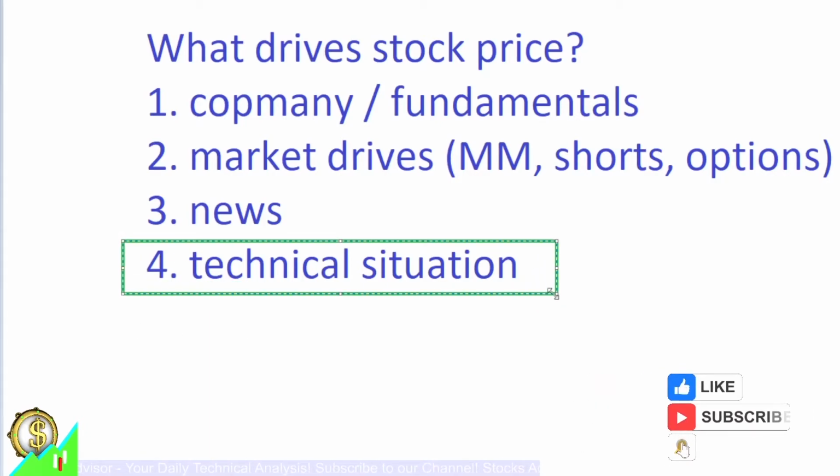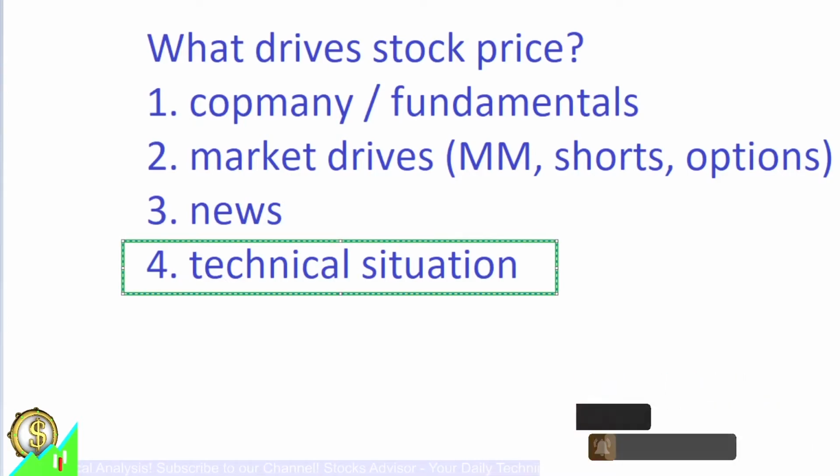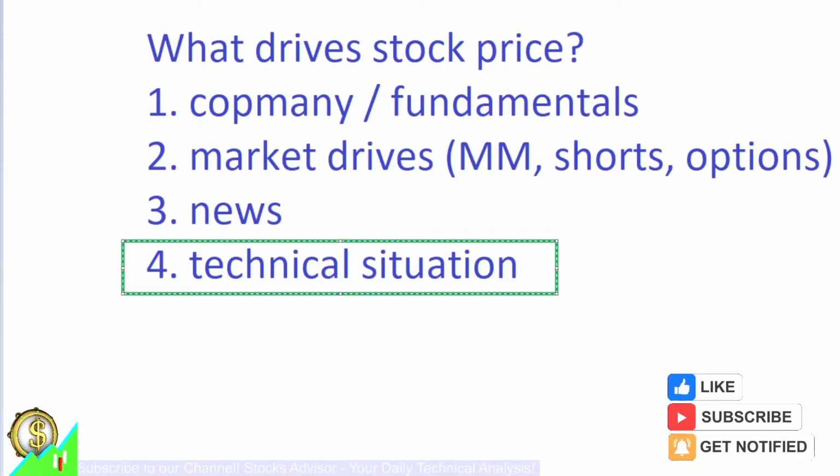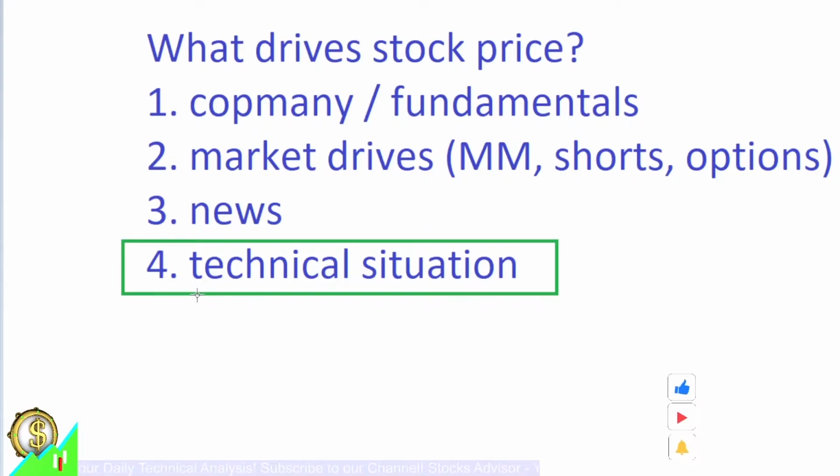How do you know the current price is caused by the technical situation or by the chart? Because there are four major drivers that could dominate and dictate what the price will be. So first of all, you need to find a stock which is currently at the moment driven by technical situation.